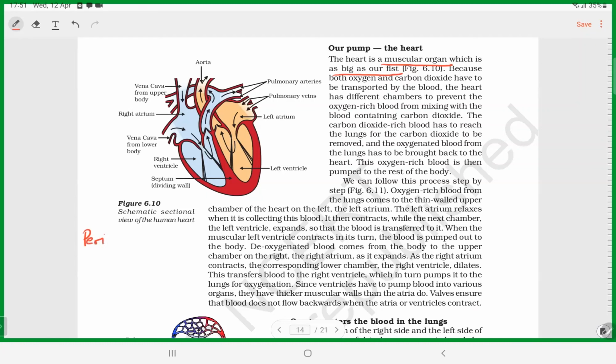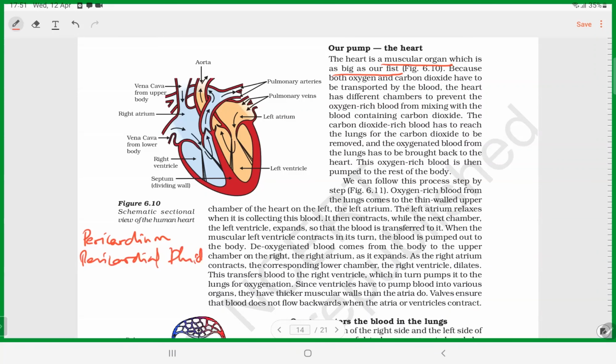Pericardium. The double membrane which surrounds and covers the heart is the pericardium. It contains a fluid called what? Pericardial fluid.